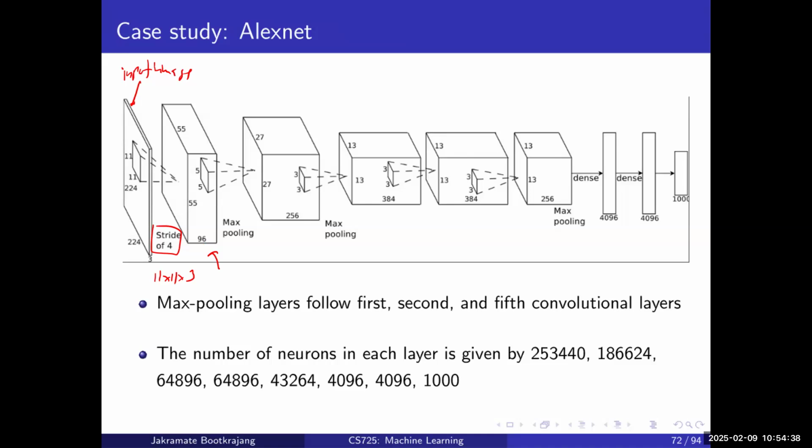And then you also use max pooling. So the question is, how many filters does AlexNet have in the first layer? We know the size of the kernel is 11 by 11 by 3. How many kernels do we have for the first layer? Can you figure it out from the image?